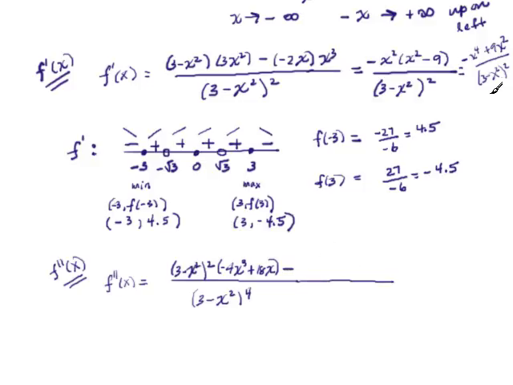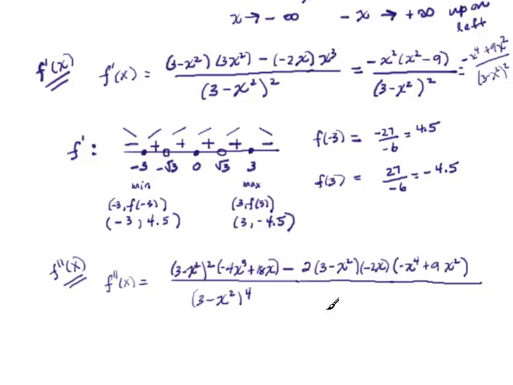Minus derivative of the denominator. Okay, here we're going to have to do a chain rule. 2, 3 minus x squared minus 2x times the numerator. Okay, minus x to the 4th plus 9x squared.